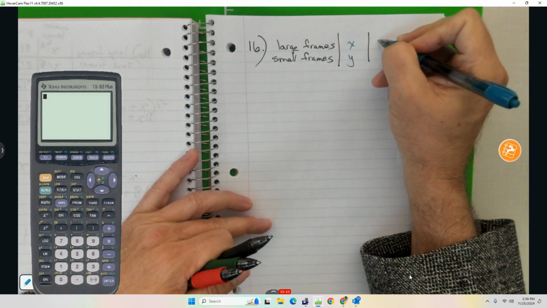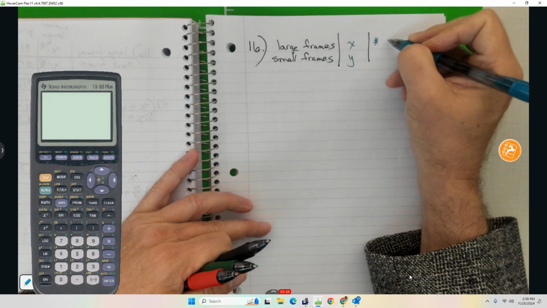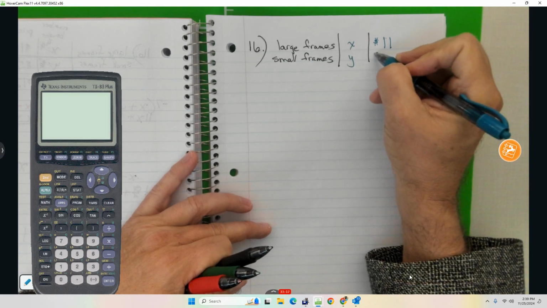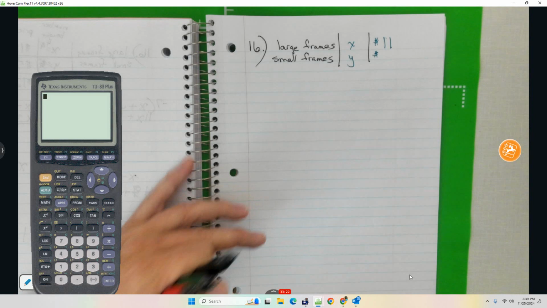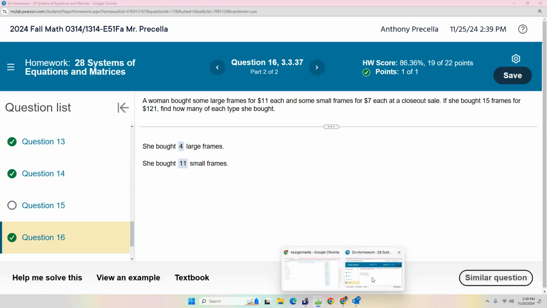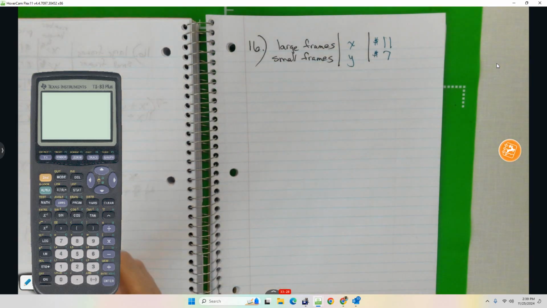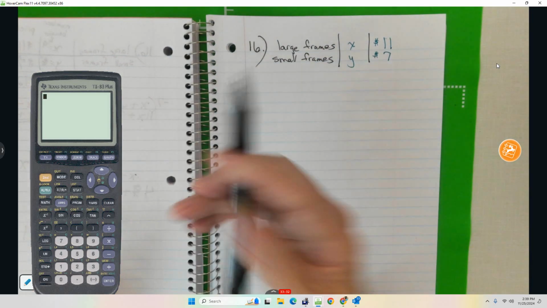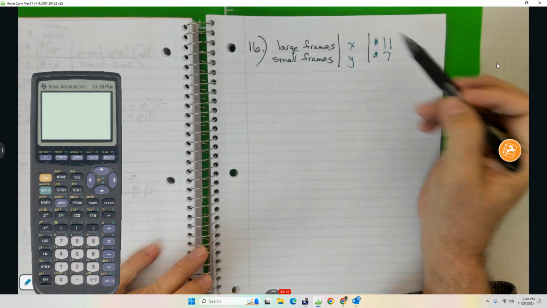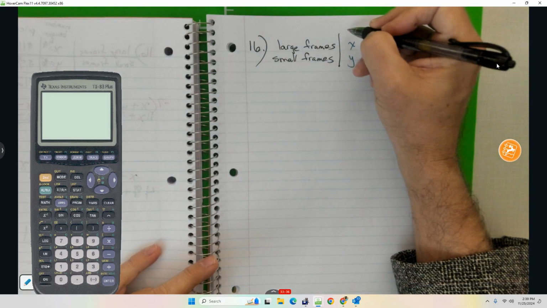The price per frame for large was $11. The price for the small was 7. Is that what it said? 7, yes. Okay. And then they have to give you some totals. So when you're summarizing information on a table, realize that's the quantity.